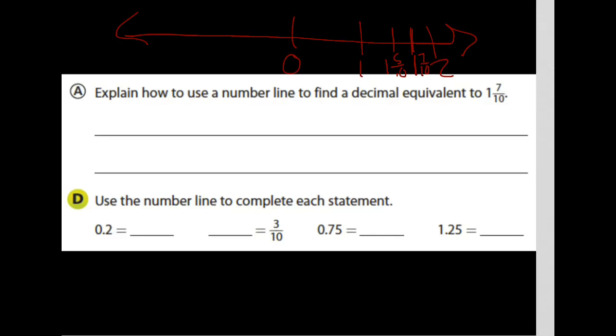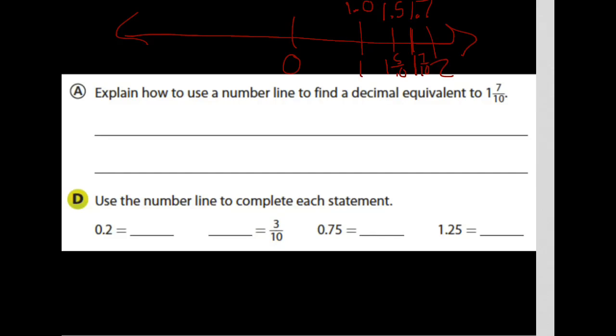Explain how to use a number line to find a decimal equivalent. So if I put above the number line 1 0/10, I could also then write 1 5/10. And then above, I put 1 7/10.